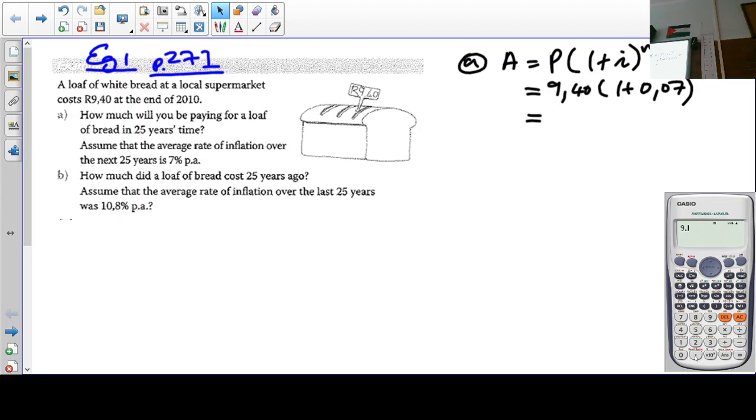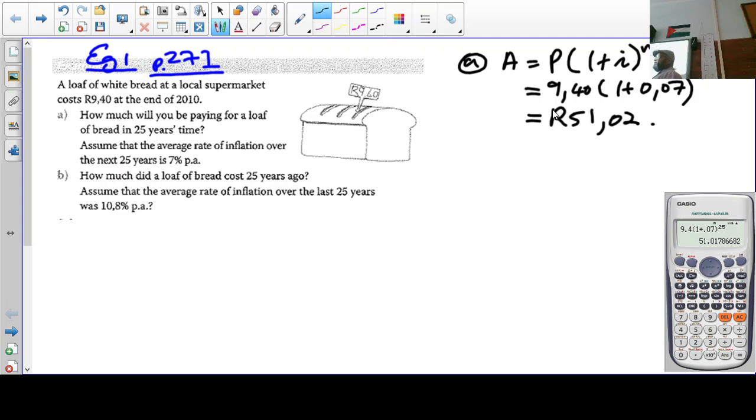You say 9.4 into 1 plus 0.07 to the exponent 25. 51 rand and 2 cents. Do you guys get that? Okay. So that is in the year 2035. No? Approximately.